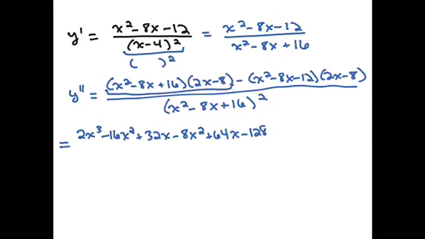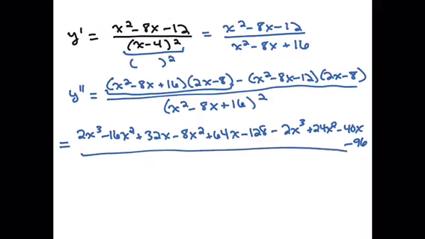Then we get minus 2x cubed plus 24x squared minus 40x, and sorry I've run out of room, I'm going to put this minus 96 right here, all over my low squared. And I'm going to combine like terms.